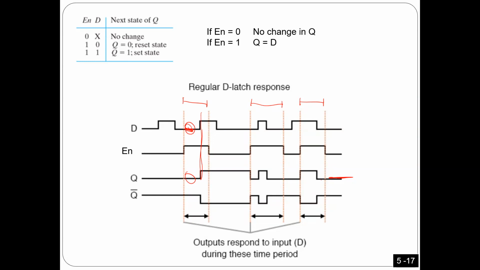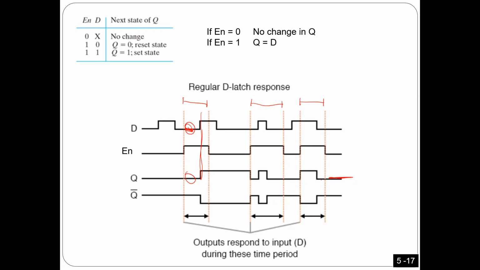Why don't you like it? I'm going to tell you why. To make the circuit synchronized. Synchronization is very important, as you will understand later. So to have synchronization, I don't want the flip-flop to work all the time like this one.